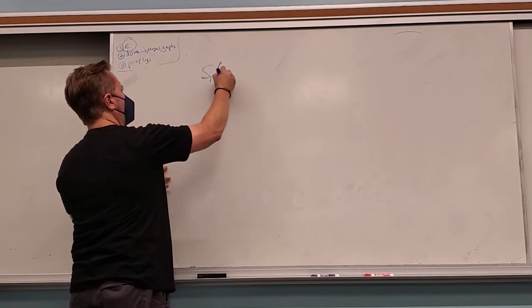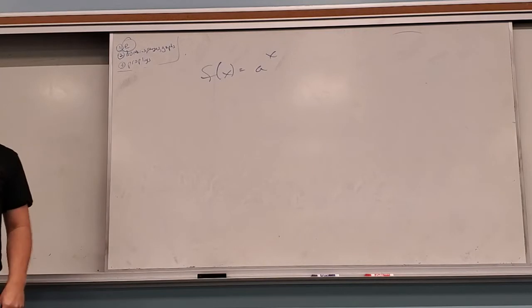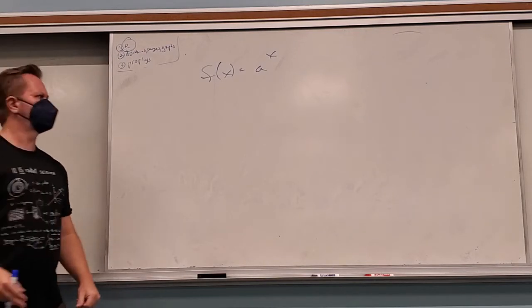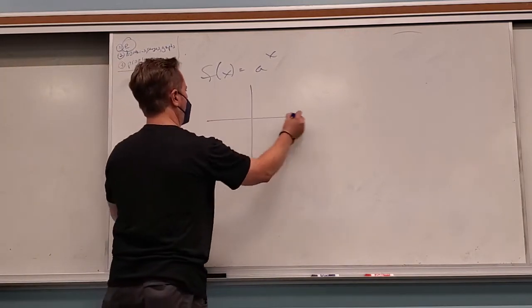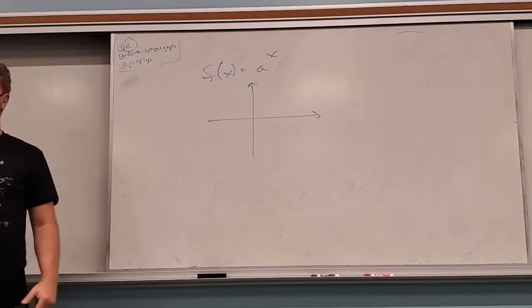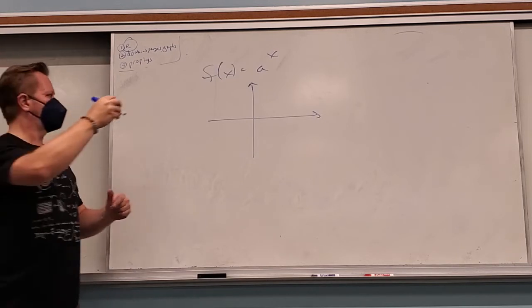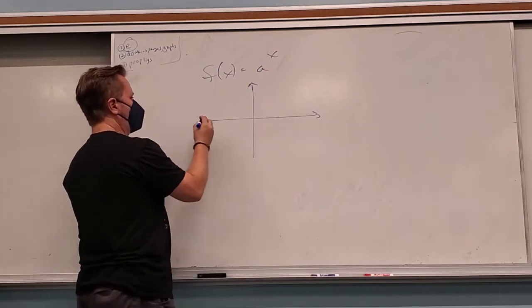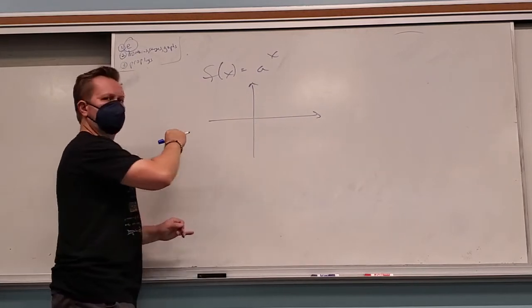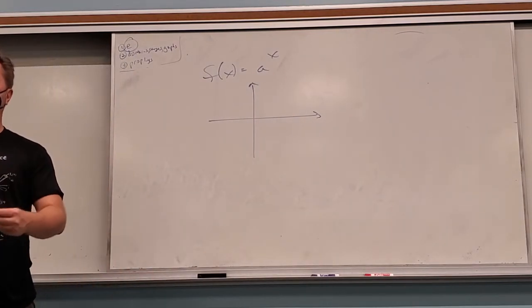Remind me, can you guys tell me anything about the graph? I'm not going to tell you what that base is, but can you tell me anything about the graph of this? Can you tell me the shape of it? Yeah, so I know the shape is like this. What happens at the x-axis? What does the x-axis act as?